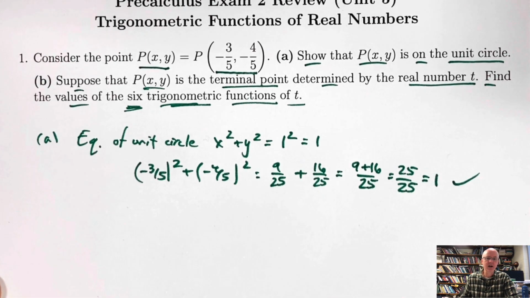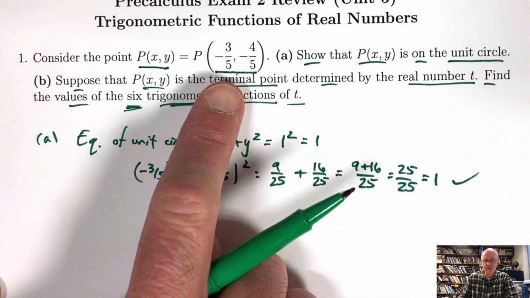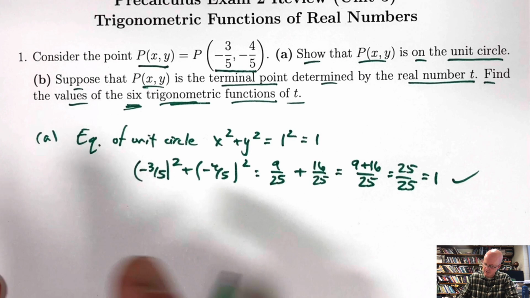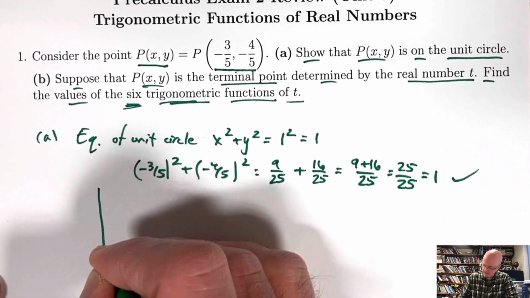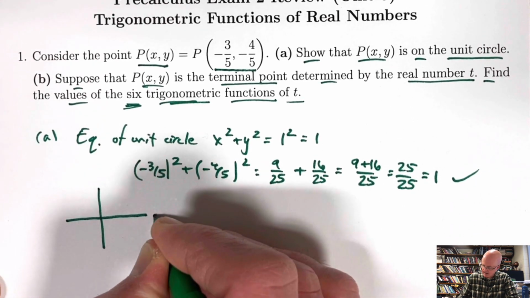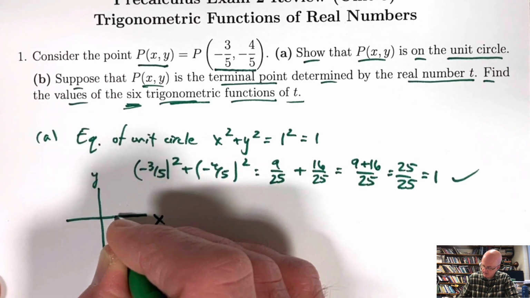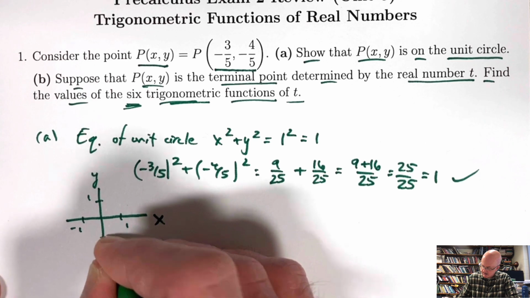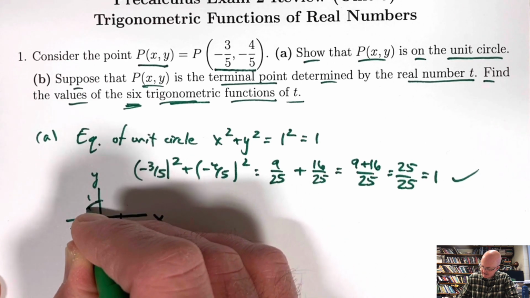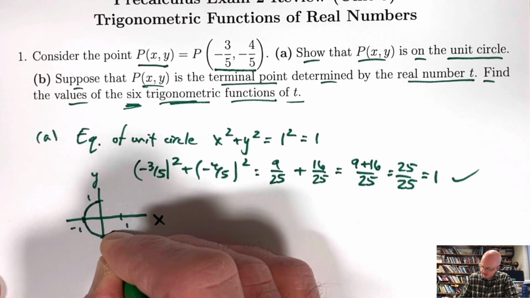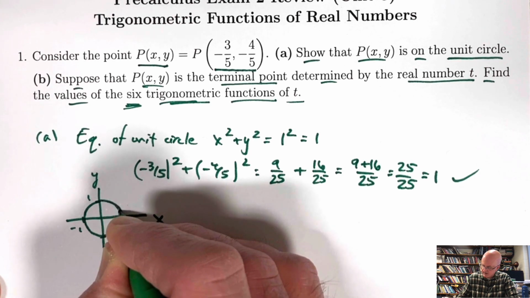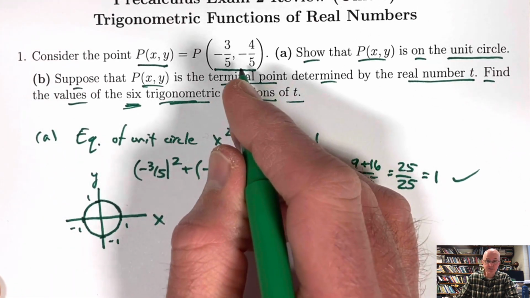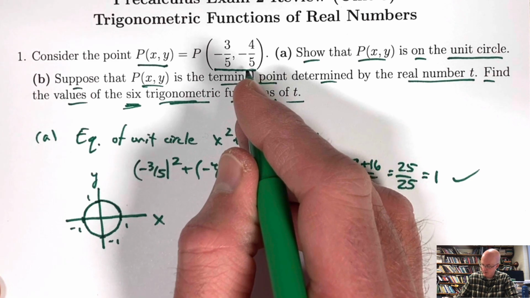That's an algebraic confirmation that the point with these rectangular coordinates is on the unit circle in the xy plane. Again, the unit circle is a circle of radius 1 centered at the origin. So it looks about like this. This particular point with coordinates -3/5, -4/5, which would be -0.6, -0.8.